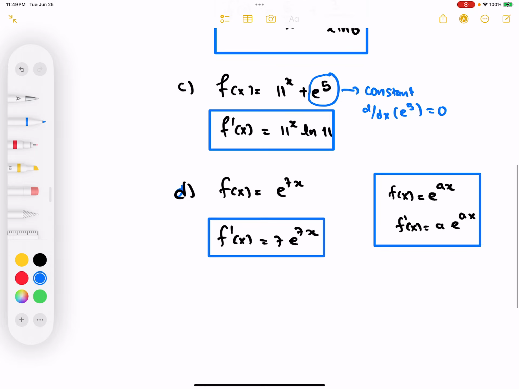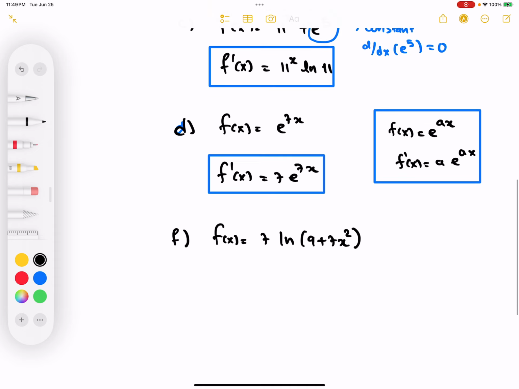All right, another one. f of x is 7 natural logarithm of 9 plus 7x squared. This is also what we call chain rule. That means you have to take the derivative of the inner function.